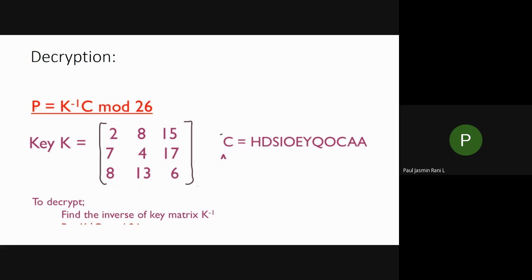You all know that decryption means getting the plain text or original text, isn't it? In order to get the plain text, the formula used is: plain text is equal to key inverse, that is K inverse, multiplied with the ciphertext C mod 26.